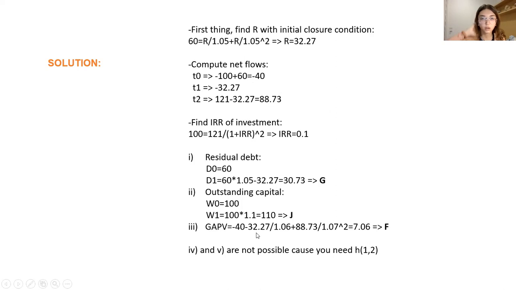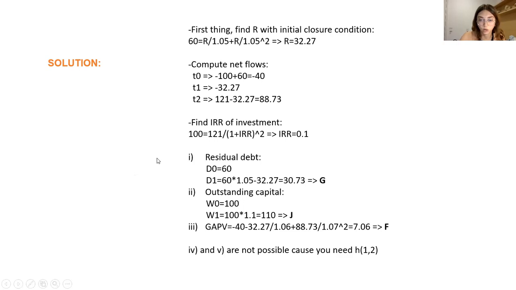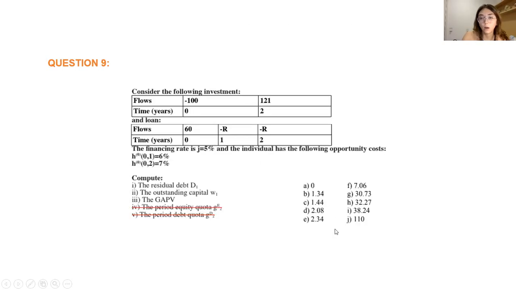Then at 1, you're going to have minus 32.27, but that you discount by 1.06, because 1.06 is the opportunity cost from year 0 to year 1. And then at T2, you take your net flow of T2, 88.73, and this time you discount it twice by, you've got to be careful, the opportunity cost from year 0 to year 2.